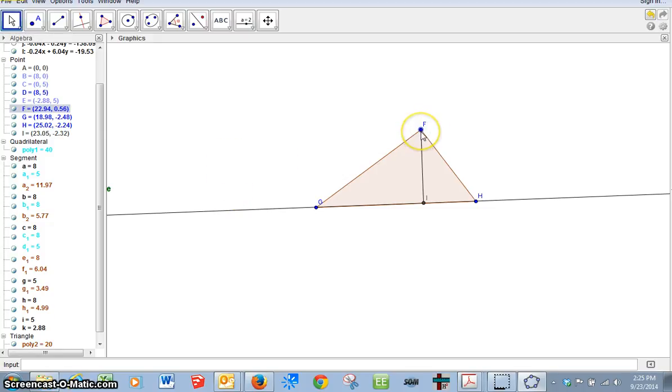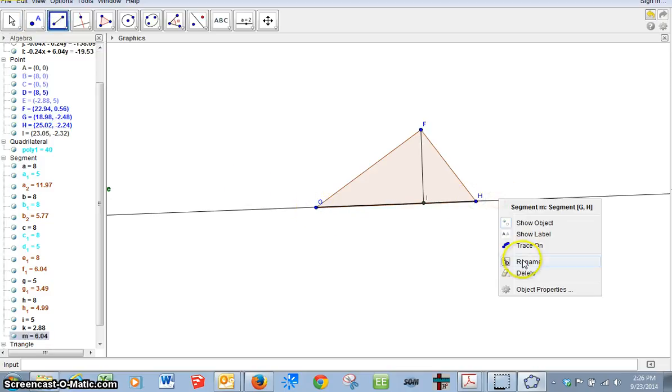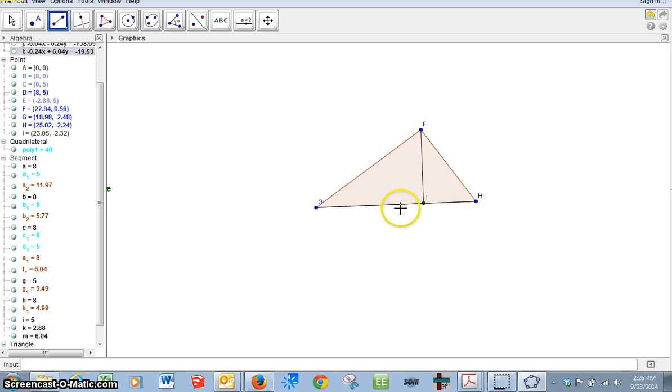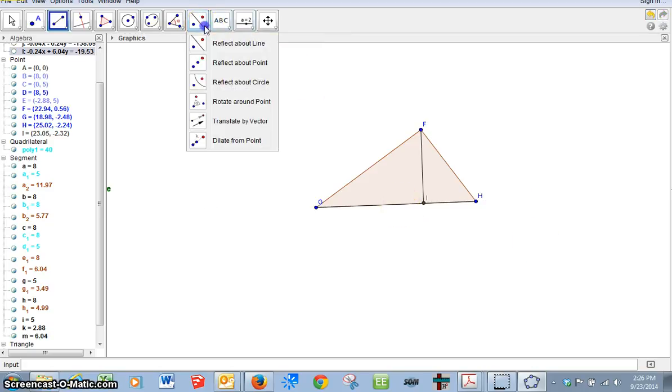But we would create a rectangle using this height and base GH. So what I'd like to do is take segment GH and translate it by a vector.